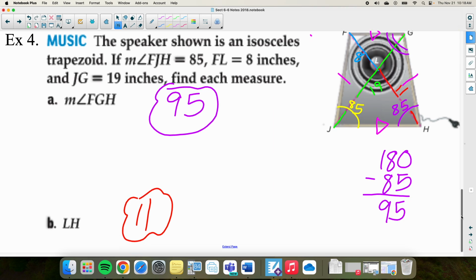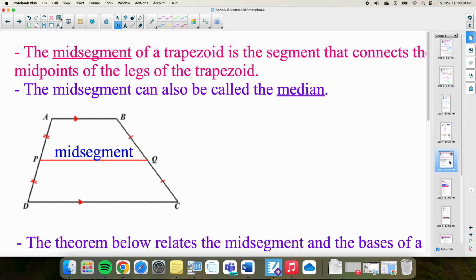No. Okay. Now, the next thing that we're going to talk about is, depending on the book, some books call this a mid-segment, some books call this a median.